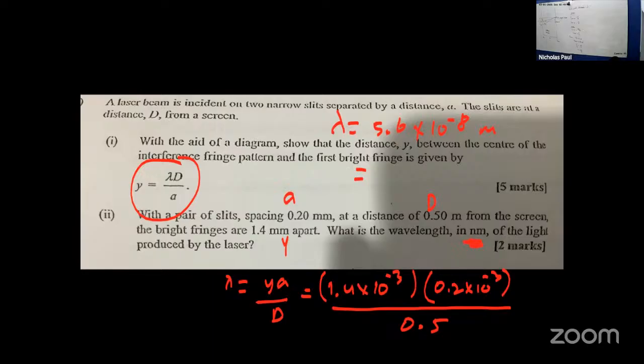Let's check back and see. Yeah, minus 7, because remember the colors, right? So that's 560 nanometers. You want the answer in nano, so move the decimal place 2 times. Nano is 10 to the minus 9.